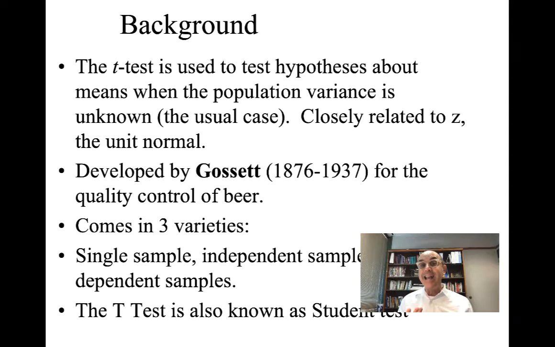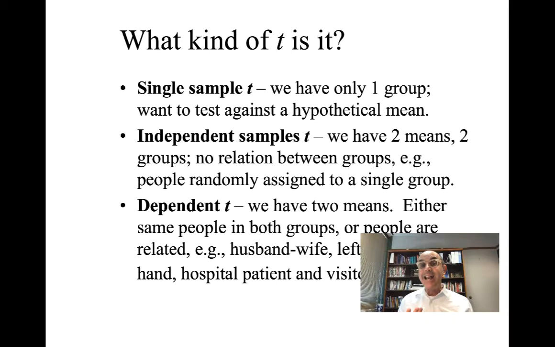The t-test is also known as the Student's t-test. It is used as a single-sample t-test, which has only one group and you test it against the hypothesized mean, or the independent t-test, where we have 2 means and 2 groups with no relationship between the 2 groups.